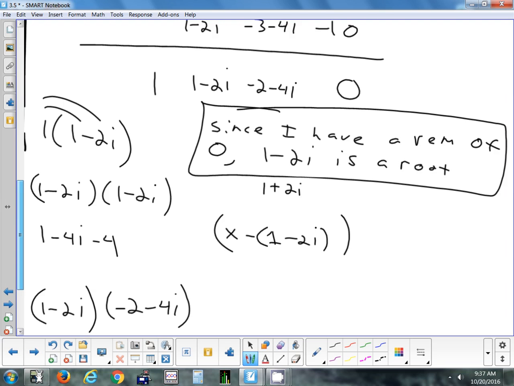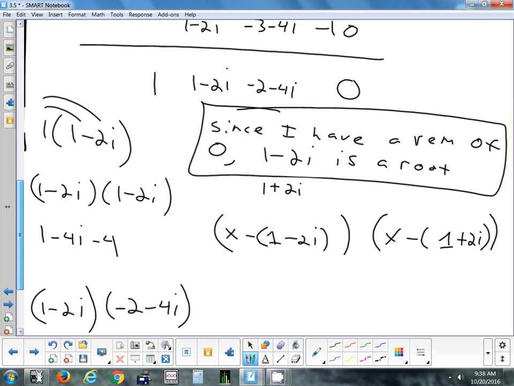If 1 minus 2i is a root, 1 plus 2i is a root. Now, last question on this one. If 1 plus 2i is a root, what is a factor? X minus 1 plus 2i. Yes. It's always x minus your root is a factor.